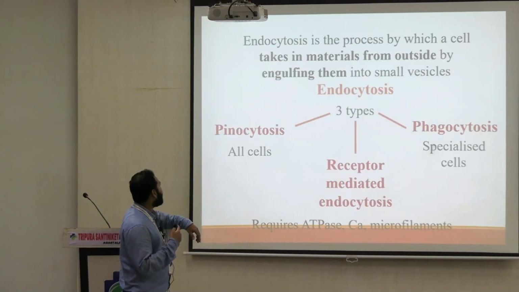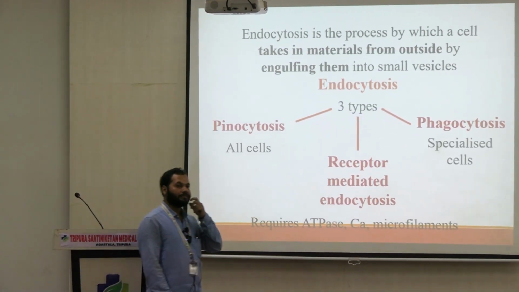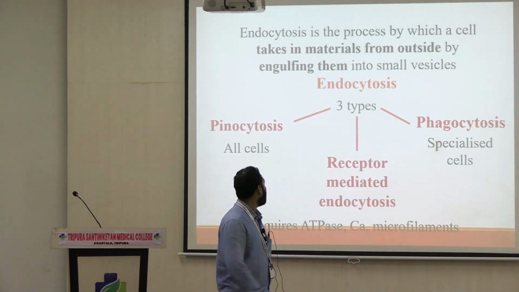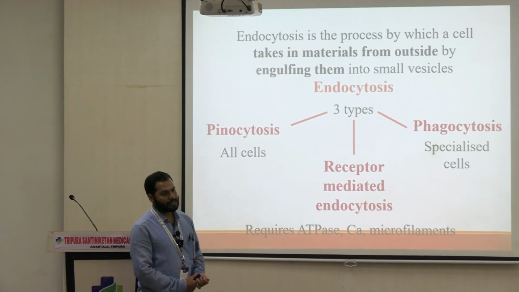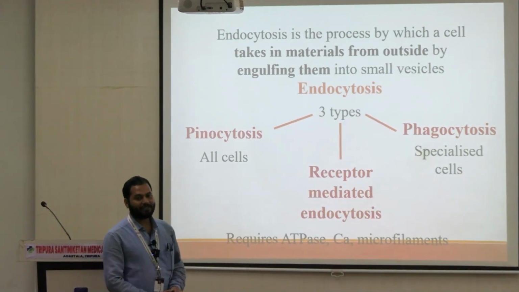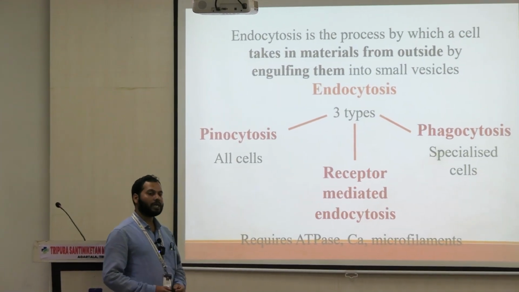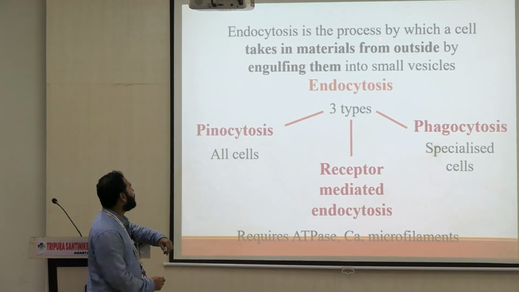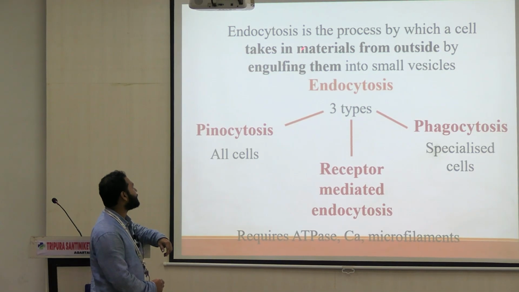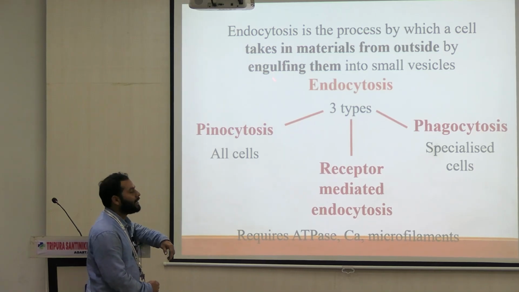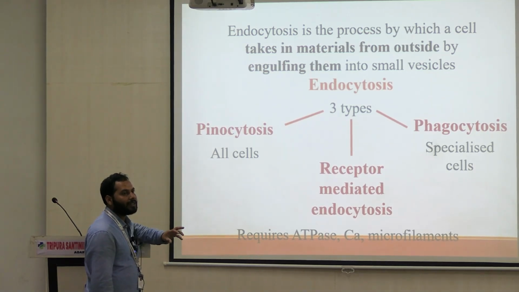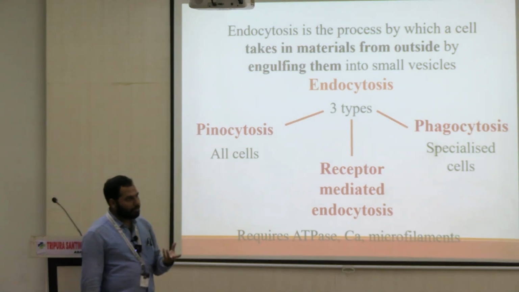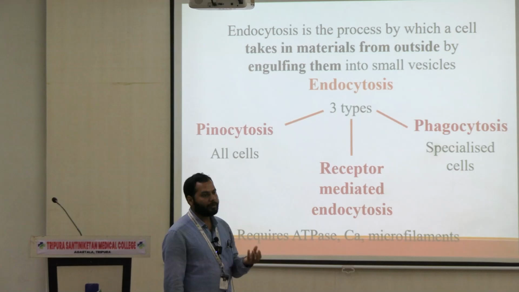So now the next point. The next part of active transport mechanisms is called endocytosis, right? So what is the basic phenomenon of endocytosis, and what are the different types of endocytosis? It is the process by which a cell takes in materials from outside by engulfing them, right? The materials are of different types. Sometimes they may be liquid materials, sometimes solid materials.